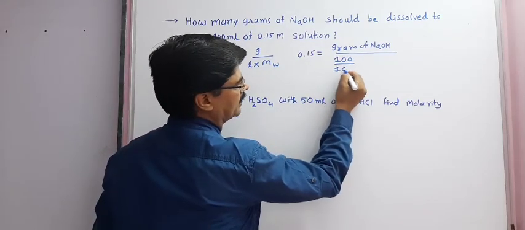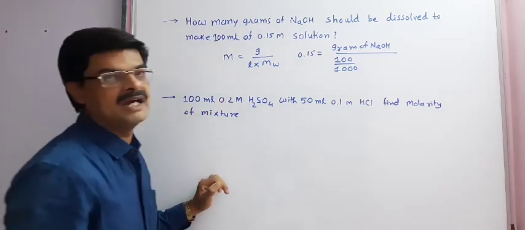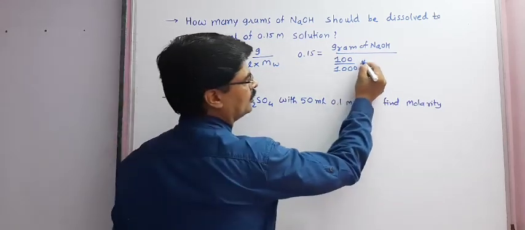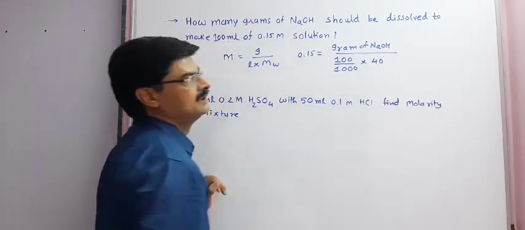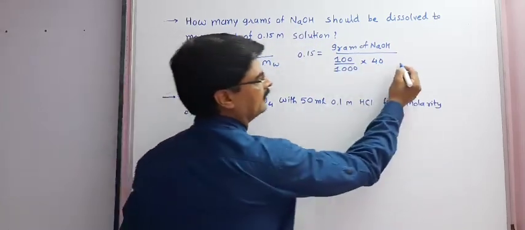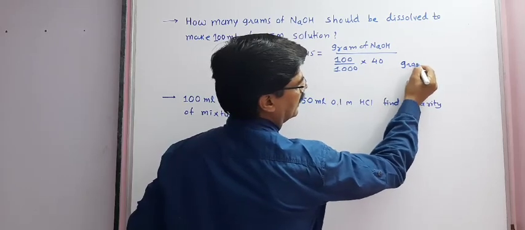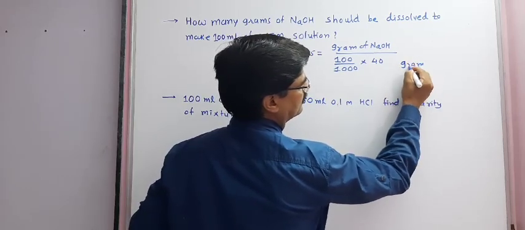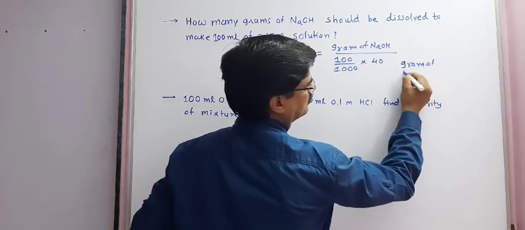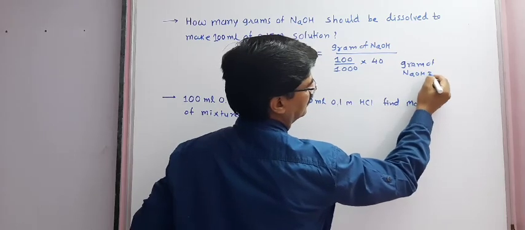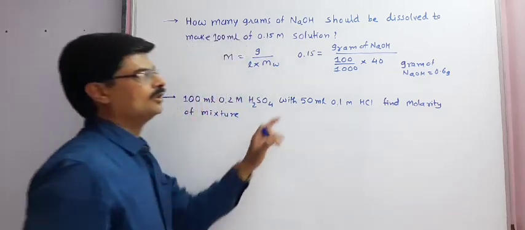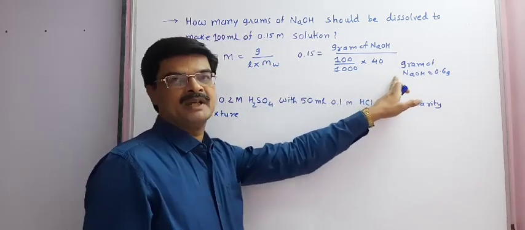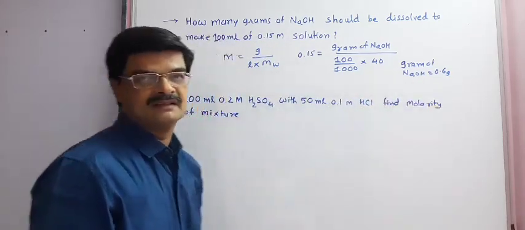Convert it into liters: 100 divided by 1000. And molecular mass of NaOH is 40 gram. On solving this, we will get grams of NaOH is equal to 0.6 gram.